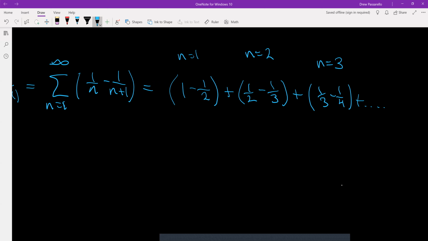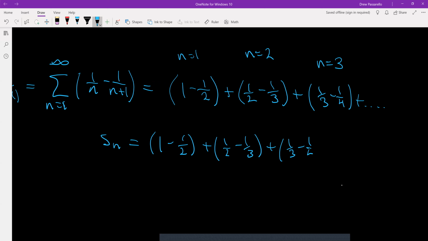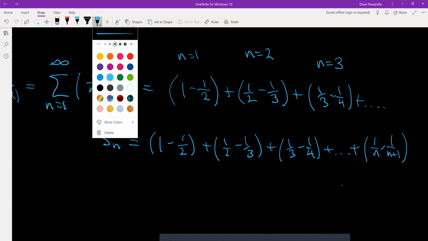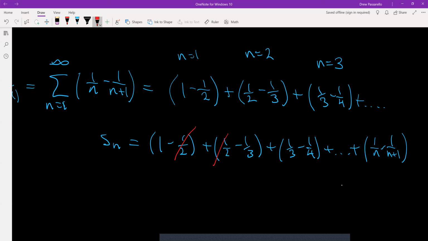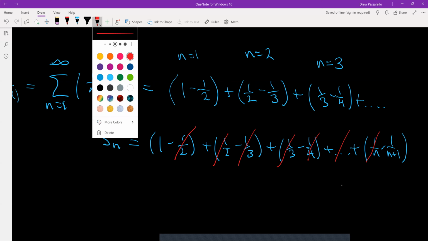So the nth partial sum, S_n, is this, and it's a telescoping series. The negative 1/2 cancels the positive 1/2, negative 1/3 cancels 1/3, and so forth. And so the nth partial sum S_n is equal to 1 minus 1 over n plus 1.